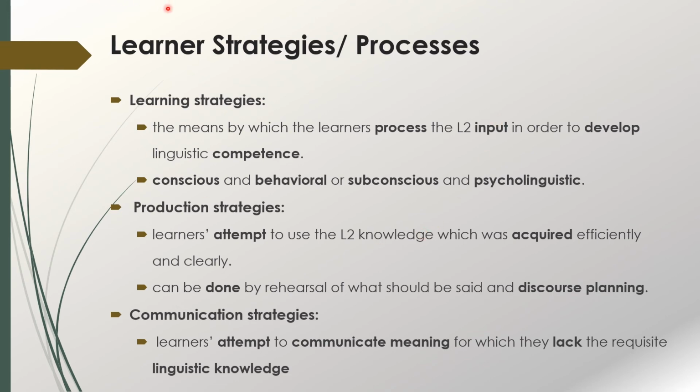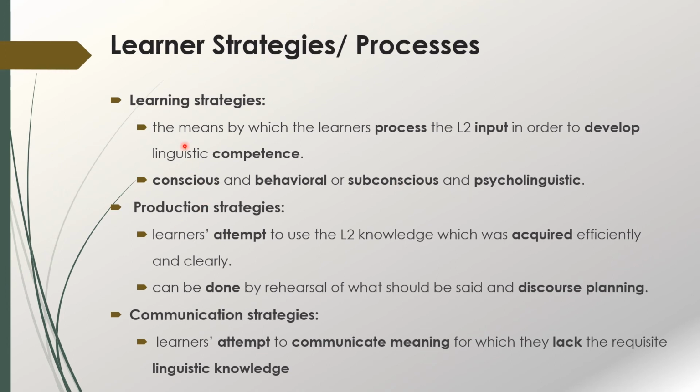For learner processes, we can identify three main strategies. The first is learning strategies, then production strategies, and then communication strategies. Learning strategies refer to the way the learners learn. Those are different: conscious and behavioral, subconscious and psycholinguistic.